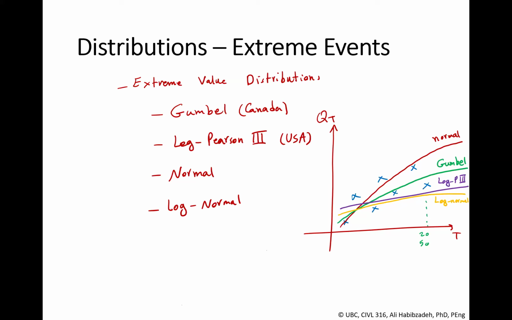So if I'm looking at the design flow for 100 year or 200 year or 500 year or 1000 year, definitely I don't have data. So I have to use whatever I have, find the best fit, one of these, and kind of extrapolate into whatever that T return period that I have and I'm looking for, whatever that is, right? So that's why we need these regression methods, and we have to basically follow these.